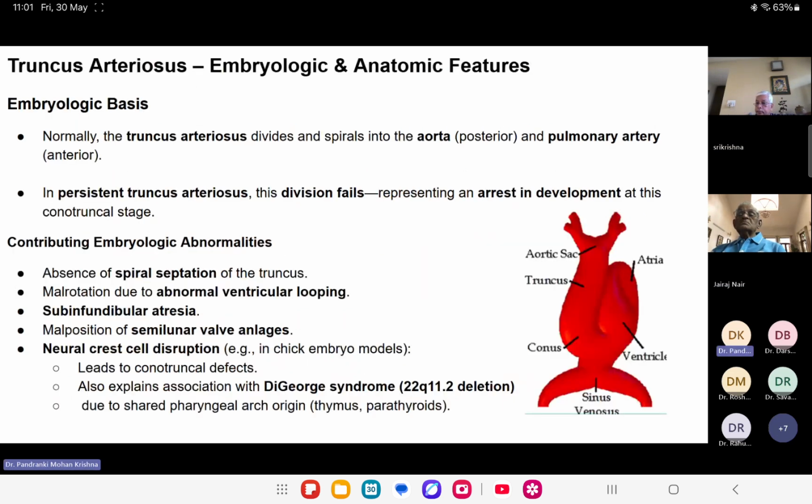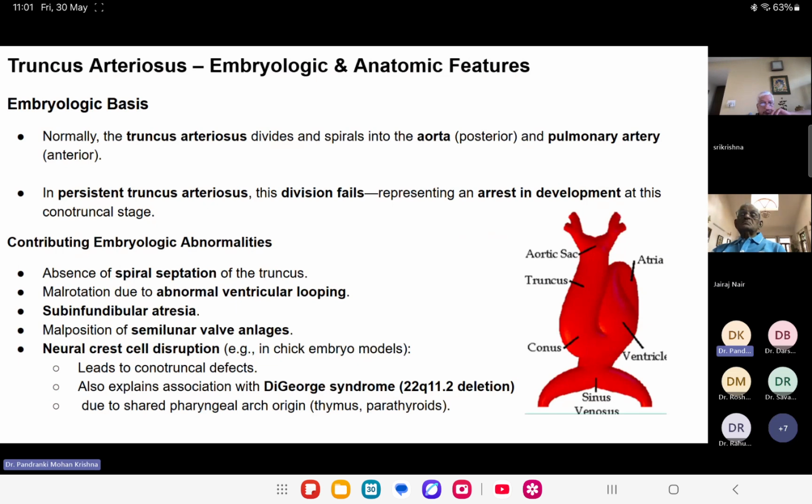Coming to embryology, normally the truncus arteriosus divides and spirals into the aorta that goes to the posterior, and the pulmonary artery comes to anterior. In persistent truncus, this division fails, representing arrest in the development at the conotruncal stage.